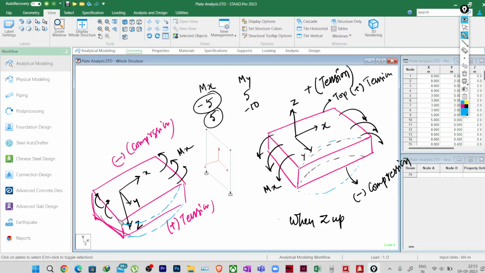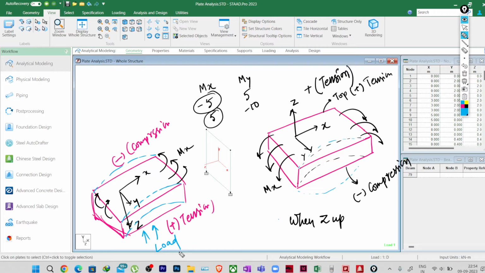That means the moment is in the same direction, so it is correct. The bottom is under tension, so it will be positive, and top is under compression, so it will be negative. Now if the load is acting from the downward direction, the plate will be bending like this, right?